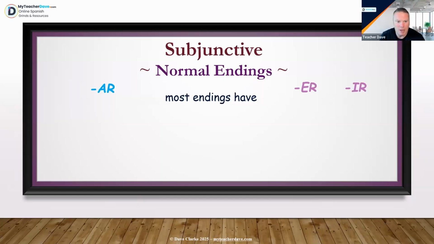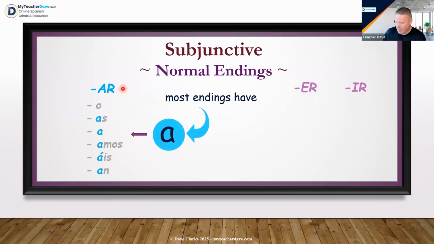We know that Spanish has three main categories of verbs: verbs that end in AR, verbs that end in ER, and verbs that end in IR. For verbs that end in AR, the most common letter in the endings is A, not surprisingly. So we would have the endings of o, as, a, amos, áis, and an.